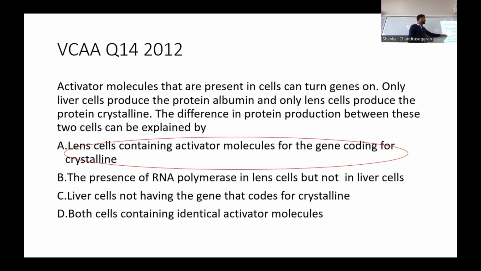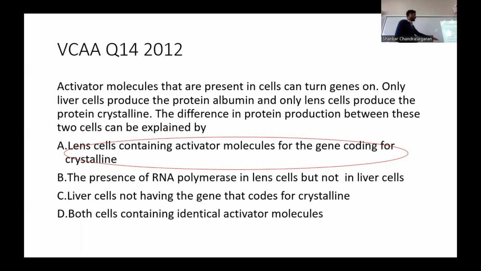Whereas with A, it's specifically talking about the activator molecules and how it is for the gene coding for crystalline. So we know that the activator molecules are specific to the crystalline, and we know that crystalline is only made at the lens cells. So that is the appropriate answer. Okay. They want you to remember everything you've learned and reapply it.